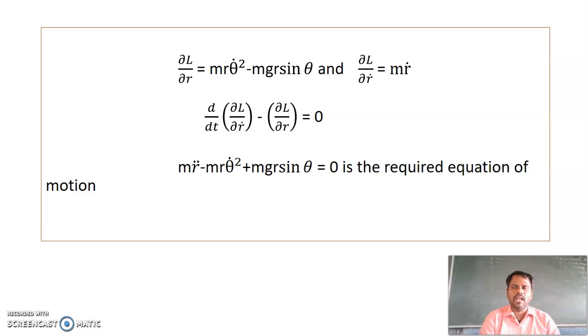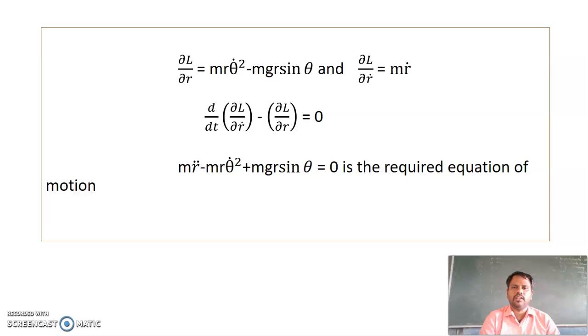Differentiating L with respect to r, we obtain m r theta dot square minus mg sin theta, and differentiating L with respect to r dot, we obtain m r dot.